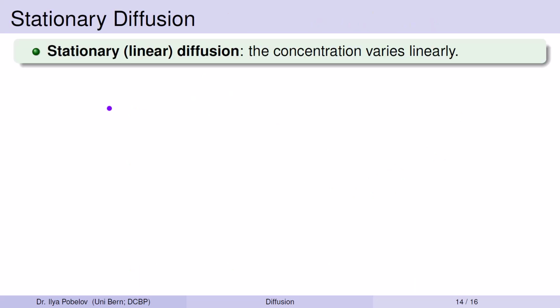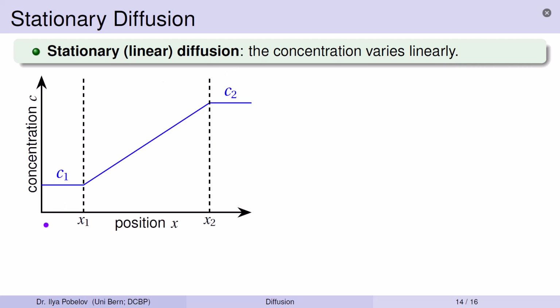To conclude this module, let us consider a special case of stationary or linear diffusion. This occurs when the concentration varies linearly across a certain region of space. Consider this illustration of a concentration profile, concentration C as a function of position x.